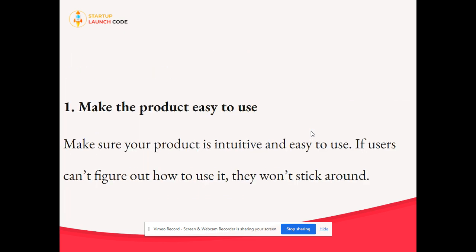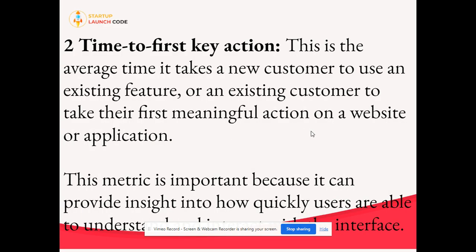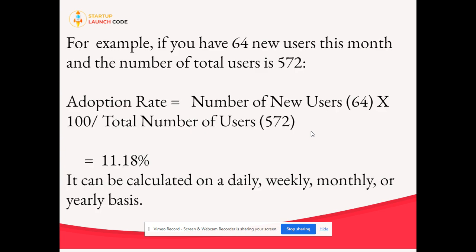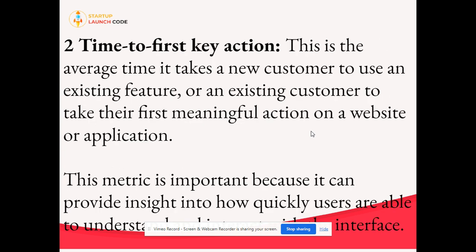Then we went on to look at the important metrics to look out for when you are trying to measure your product adoption. We talked about the adoption rate, which is the percentage of new users to all existing users. We also looked at the time to first key action, which is the time it takes for a new user to use your product or to perform a specific action.